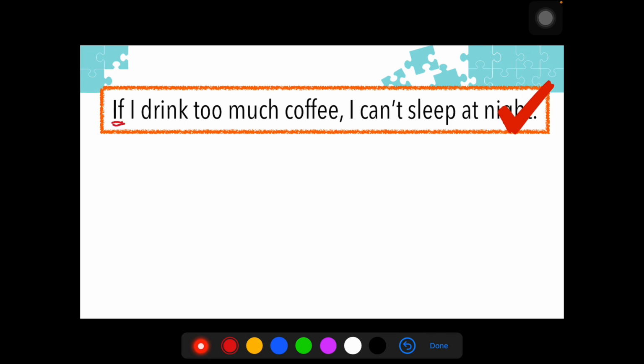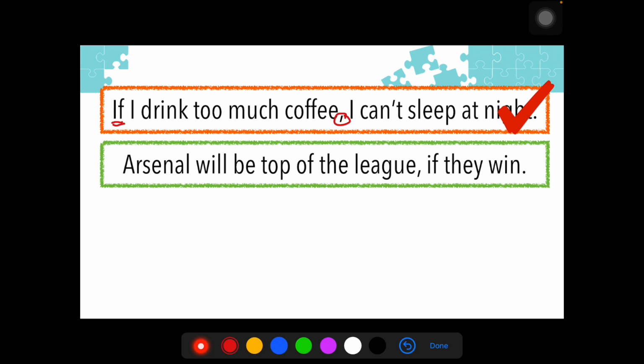If it is in the front, you need a comma. Or next one: Arsenal will be top of the league if they win. Look at it carefully. That is not correct, because when if is in the middle of the sentence, we don't need the comma.